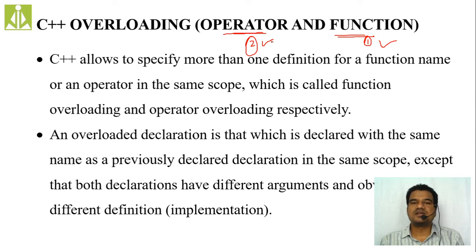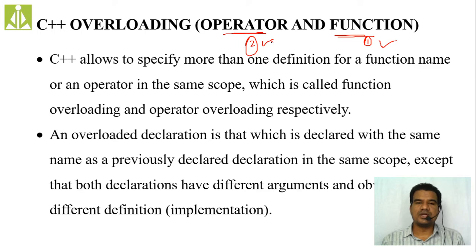All these functions, in order to show overloading, have to come within the same scope, that is, inside the same class. If you take the same function name but with a different number of parameters and different parameter types, then we call such function declarations overloaded.